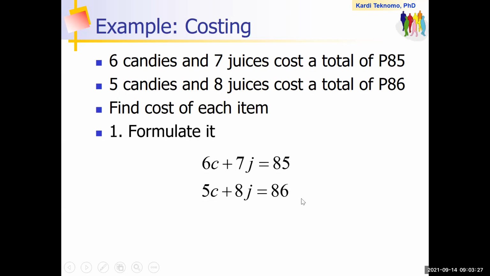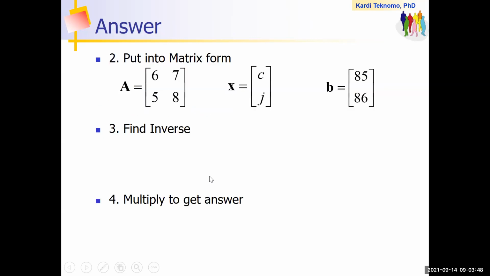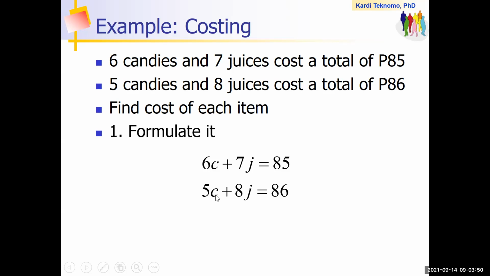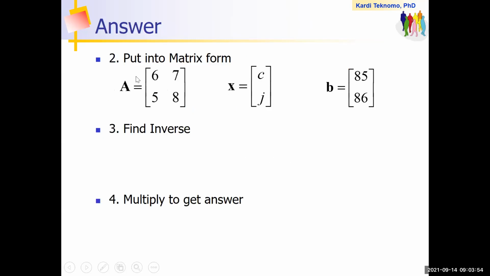Of course you can solve this by hand. If you want to solve this by matrix, how are you going to do it? The most important part is how to put this into matrix form. You put all the coefficients in one matrix A: 6, 7, 5, 8.